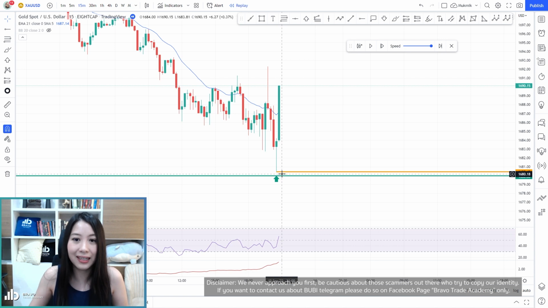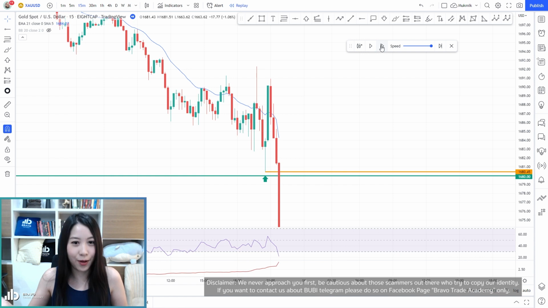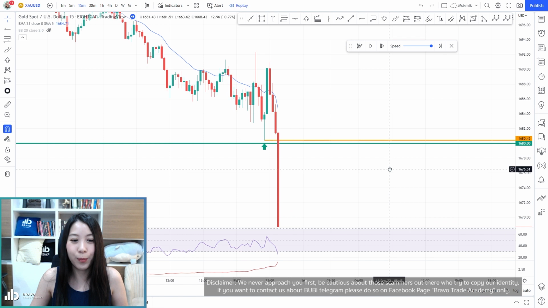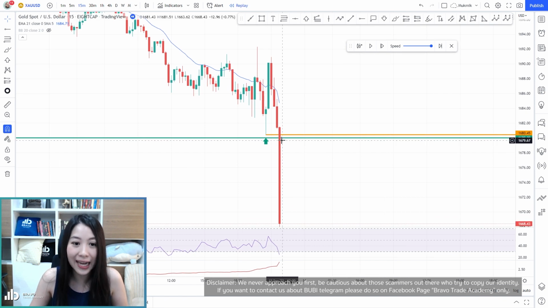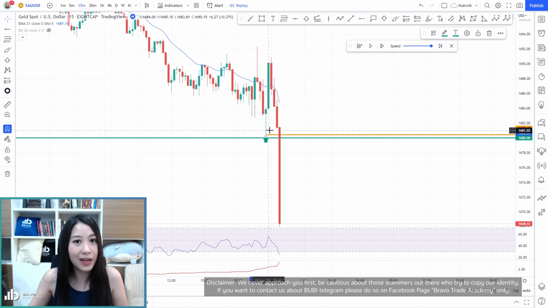If you haven't deleted your pending order at 1680, you will hit your stop loss, because the price has used it once and the buying power is all gone from the first time that it tested 1680 point something.